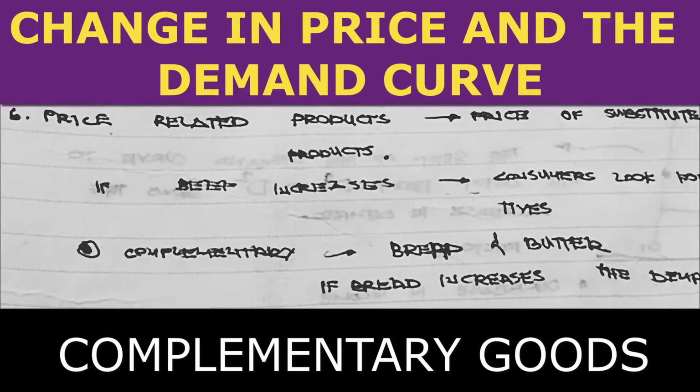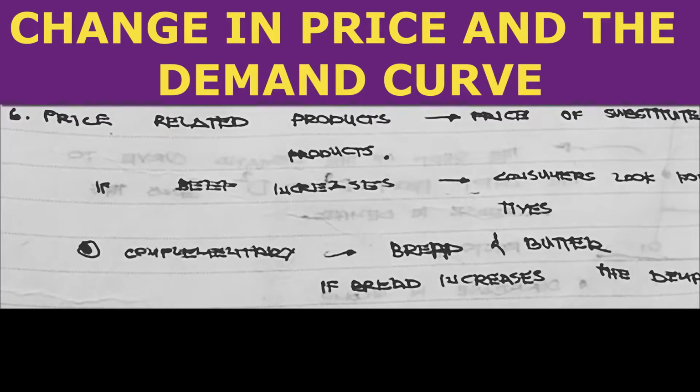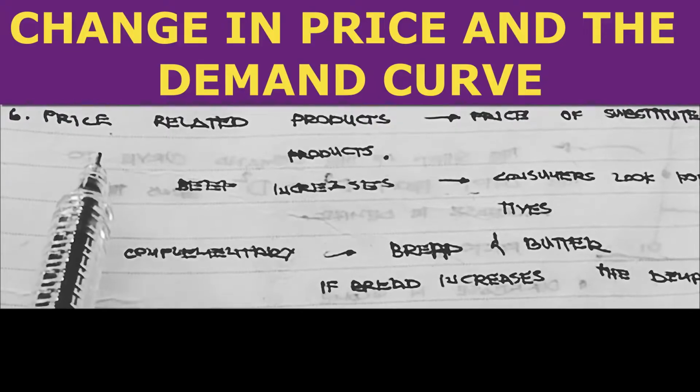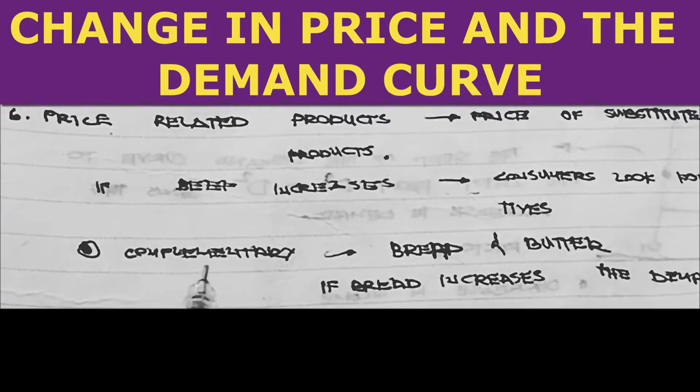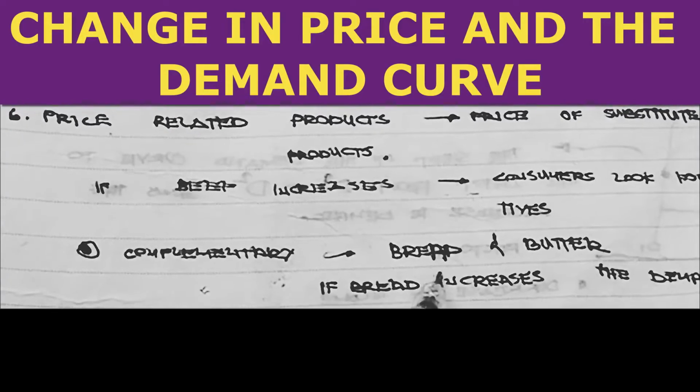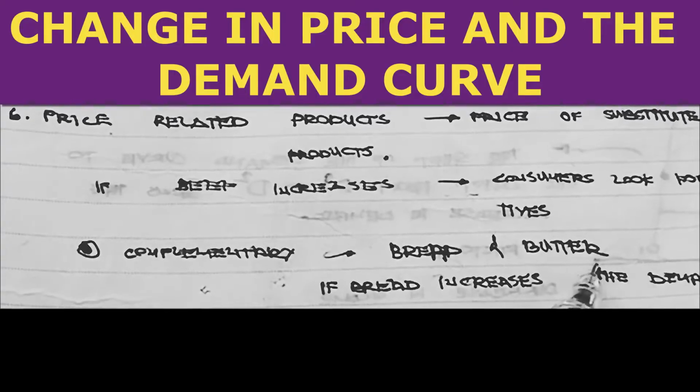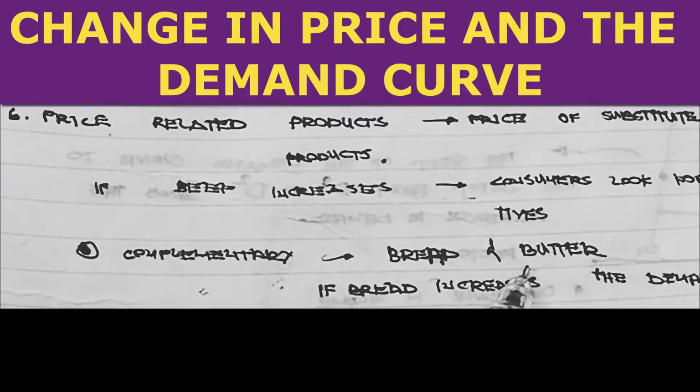So the effect of change in price in the good is also felt in its complement. That's why when you talk about price of related products, it also gives emphasis to complementary goods. If the complementary good bread becomes expensive, then the demand for butter will become lesser.